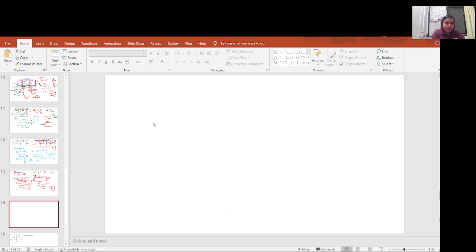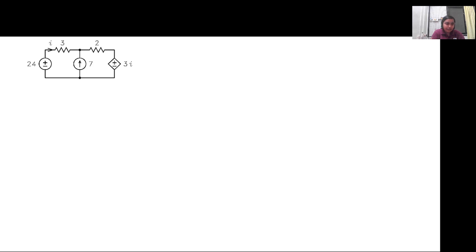Since this is a very simple circuit, we can solve it normally for I. So here I current is flowing here, 7 ampere current is flowing here. So we have 7 plus I current flowing through this. Now we apply KVL. So it is 24 minus 3I minus 2 into 7 plus I minus 3I will be equal to 0.